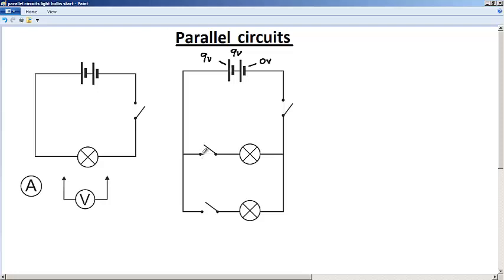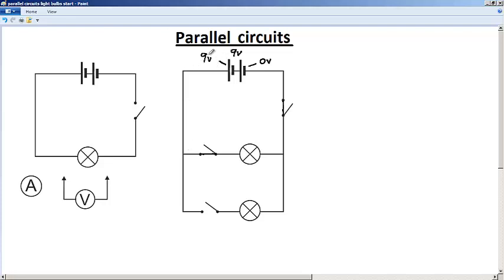Now, I'm going to close the switch, and let's find out what is the electrical potential across this light bulb. Let's close that switch as well, so current flows, and we can see that there is nothing between this light bulb and the positive terminal of the battery. There's no component in this path, so there's nothing to change the electrical potential energy.